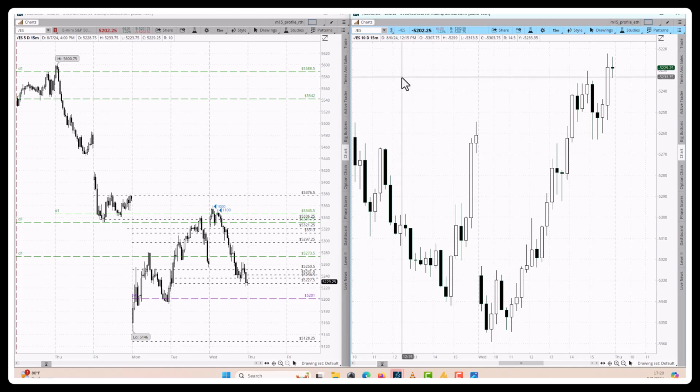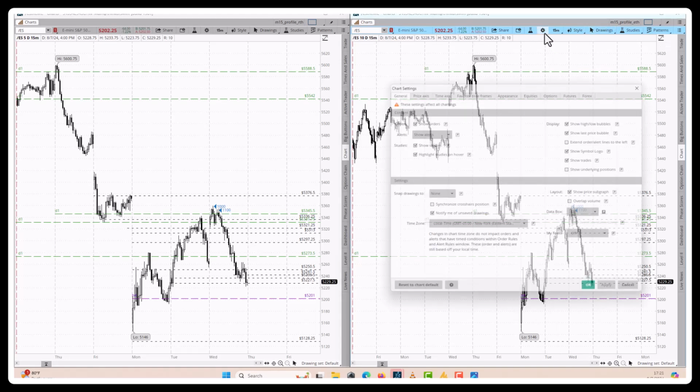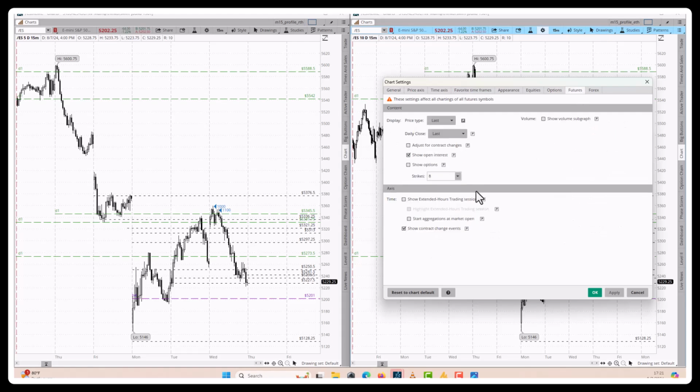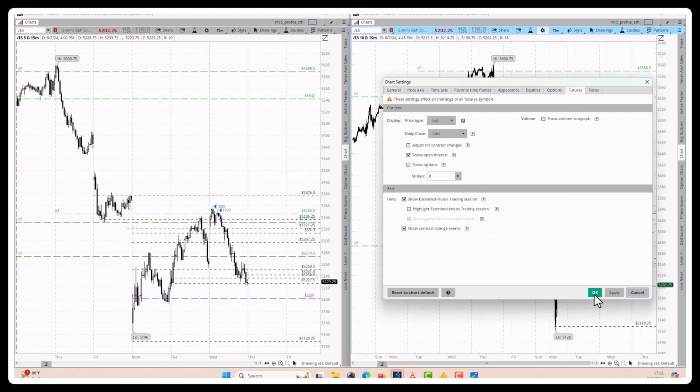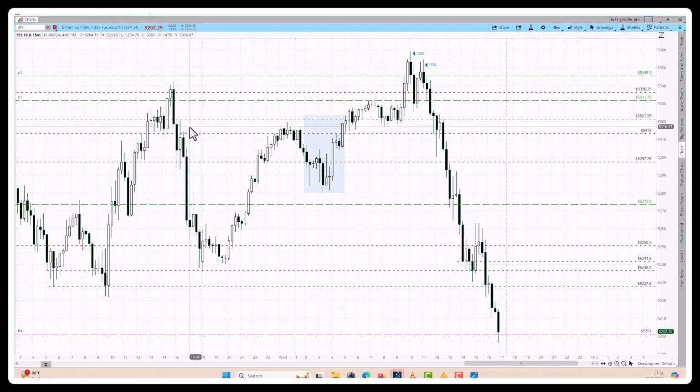Okay, now go back to the regular one. Let's see. Okay, so we got it. Is that electronics? No, it's standard. So we have to go back there and go to futures. So yep, we get our regular one back right there.